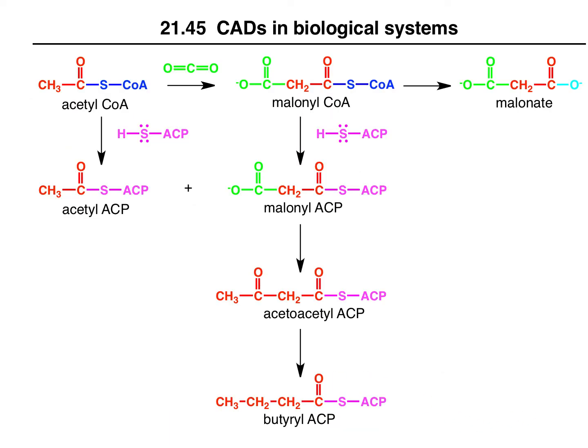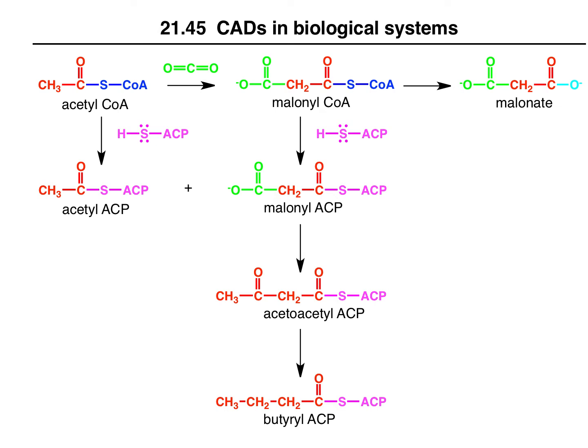Here we have some of the reactions that are involved in the biosynthesis of many different types of compounds. So here we have acetyl-CoA, and this can do a nucleophilic acyl substitution. It's really a trans-esterification, where this is going to add here, up, down, kick this out, so that we make this acetyl-ACP, where ACP is the acyl carrier protein.